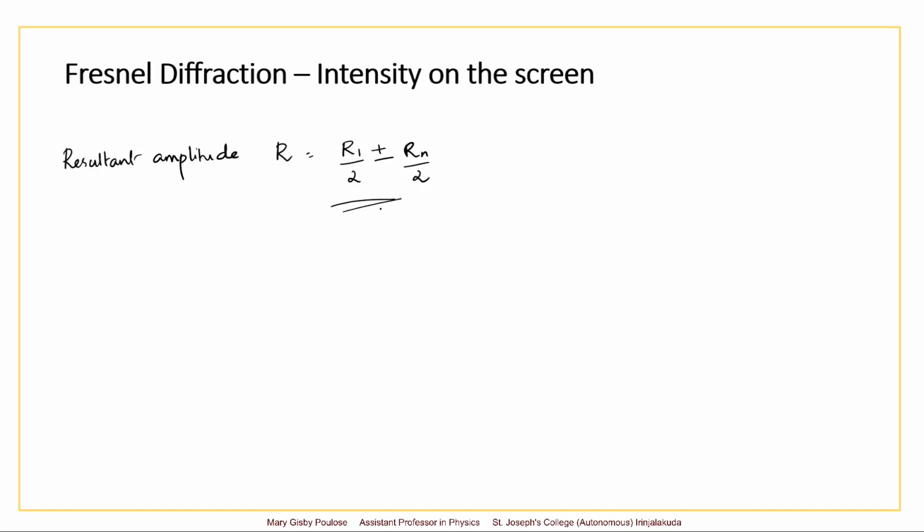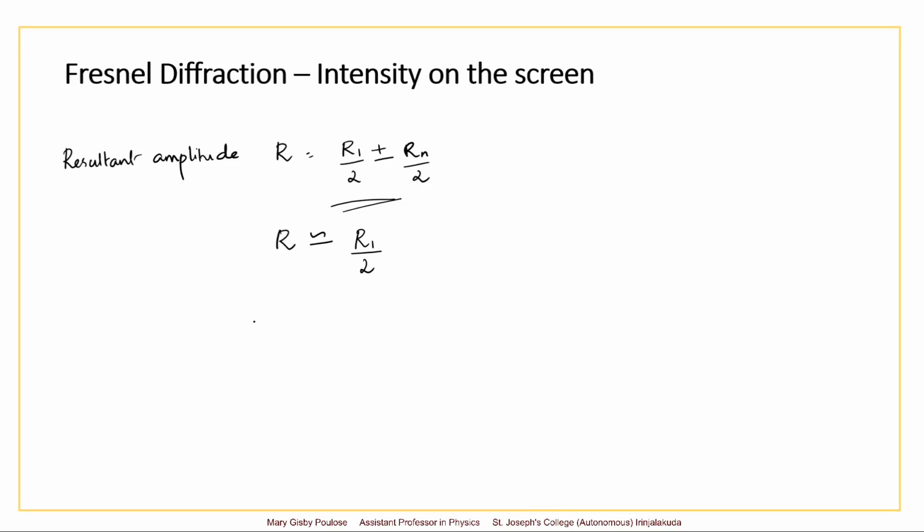Now, if n is very large, the number of orders is very large, Rn will be very small. Thus, we get R approximately equal to R1 by 2. So the amplitude on the screen is mainly due to the amplitude from the first half period zone.